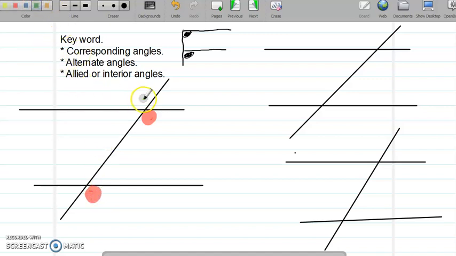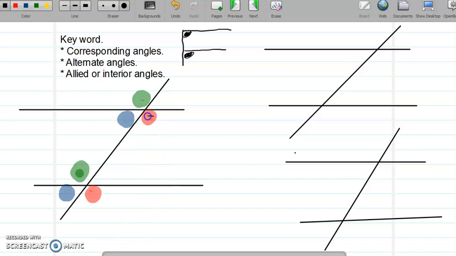In the same way, the angles we have here and here, you see this is top, this is top, are what we call the corresponding angles. Lastly, the angles we have here, this is down, and the angle we have here are also corresponding angles. I know that corresponding angles are equal.